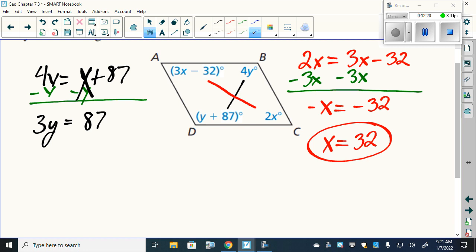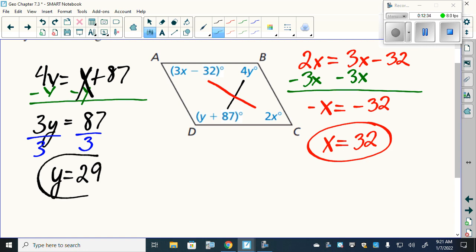And then we would divide both sides by 3, telling us y is equal to... Well, 87 is 3 away from 90. 90 divided by 3 is 30, but it's 3 less than it, so it would be 29. Does that kind of make sense? Quick math.